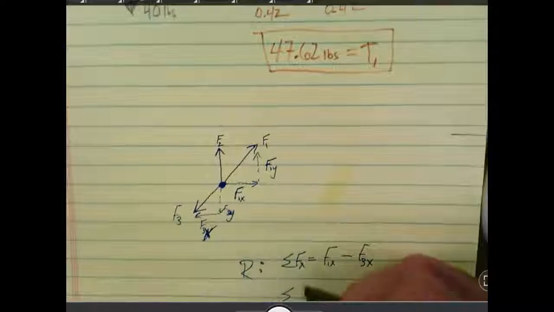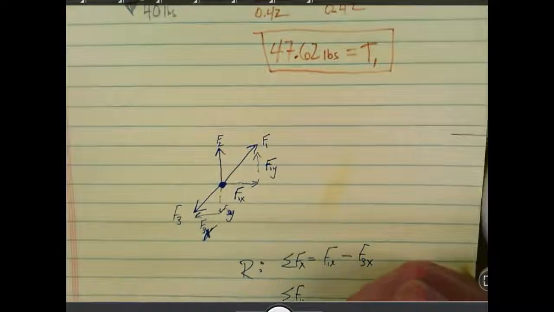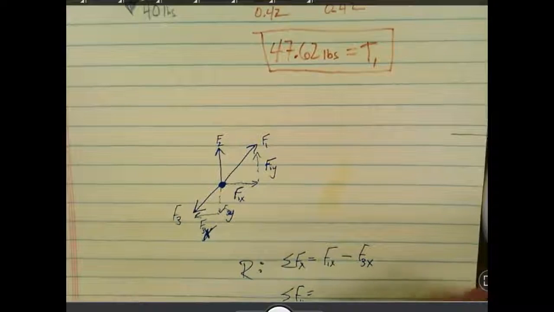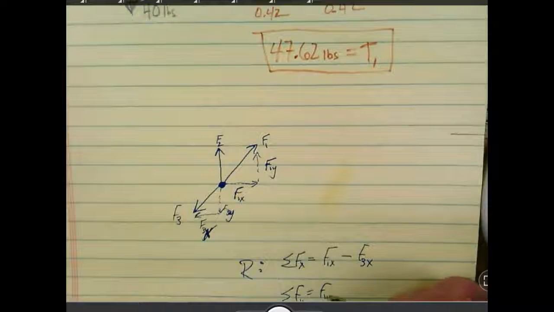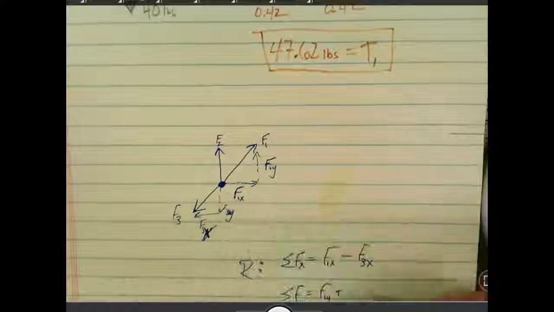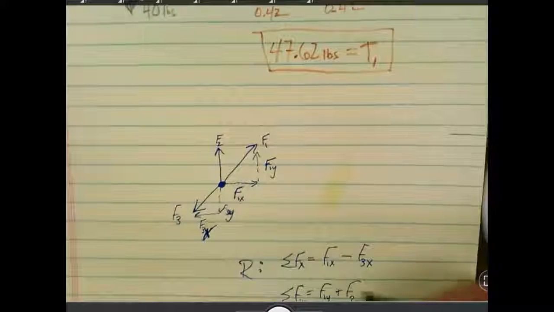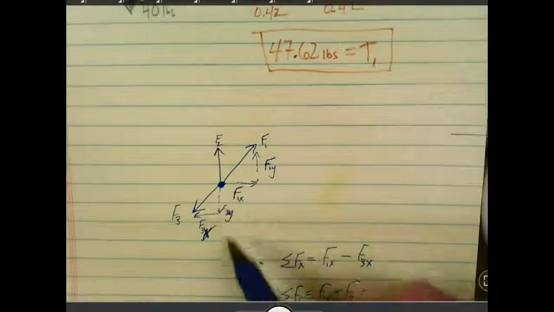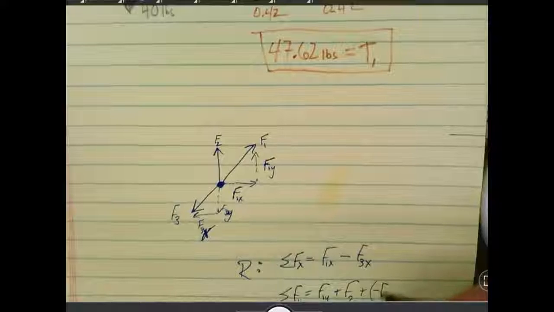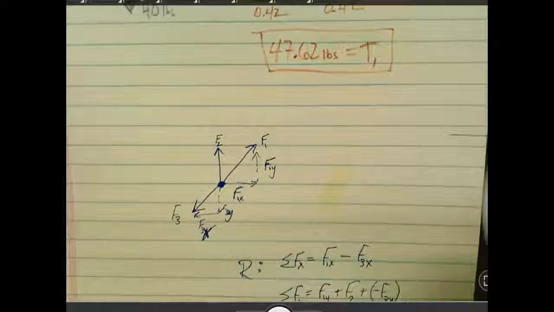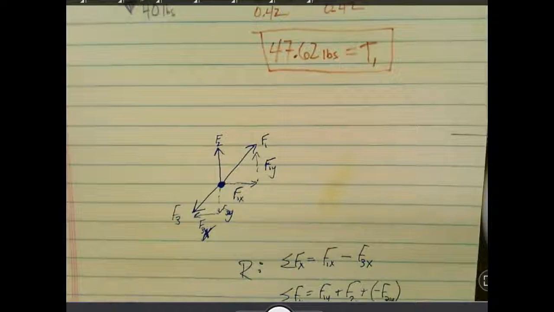We also need to find the sum of the forces in the Y. And in the Y, you see we have F1Y going up. All of F2 is going up, so we're going to add F2. And F3Y is going down, so this is going to be a negative F3Y. So we figure out what these components are, add them to F2, and you have the sum of the Y.